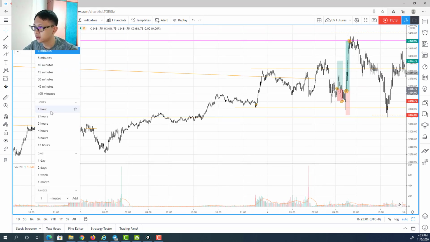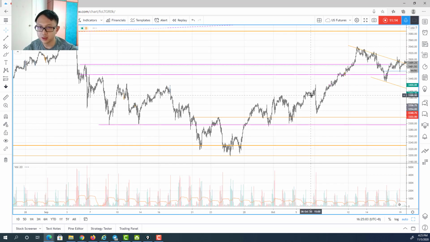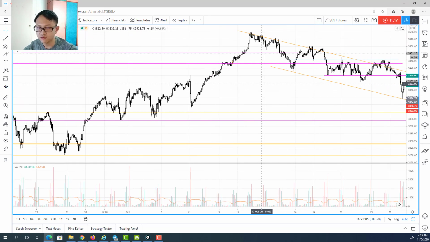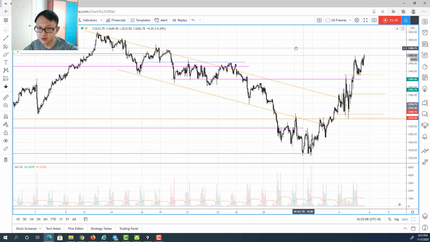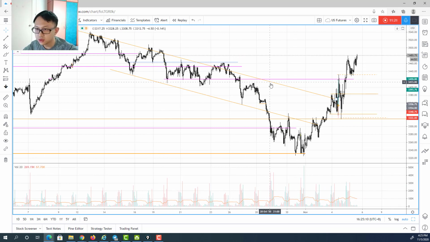If we take a look at the hourly chart, 34.20 is certainly a resistance level, and I think it's a very decent level as well. That will be from around 34.10 to around 34.20, or you can take it even to 34.00. So 34.00 to 34.20 will be the resistance zone.